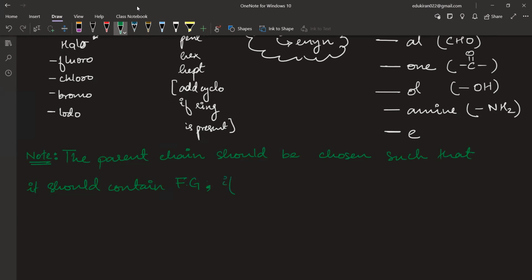If not, if the functional group is not present, then double bond. If not, then the double bond should be present in the parent chain. That means if you don't have any functional group, then you should look for a double bond. If there is any double bond, then that double bond should be there in the parent chain. If not, then triple bond.